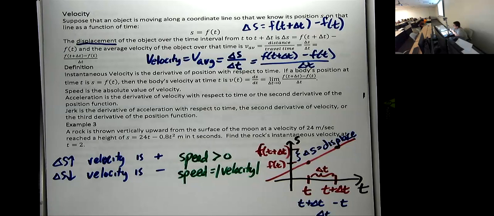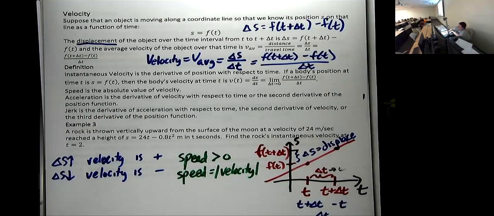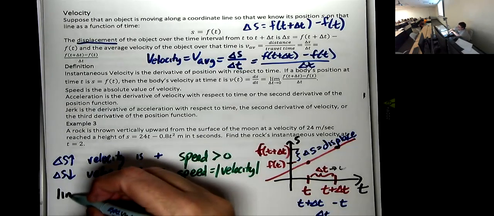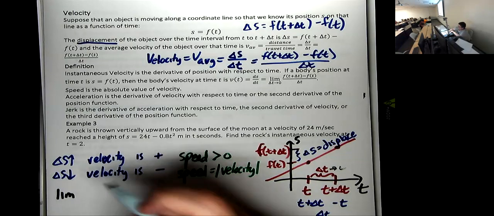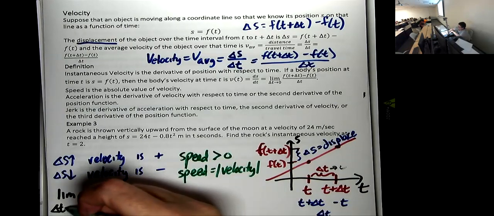Now, as soon as we switch from t being somewhere distant, as this t plus delta t goes to 0, this point comes down, down, down until all of a sudden there's only one point. This is delta t goes to 0.